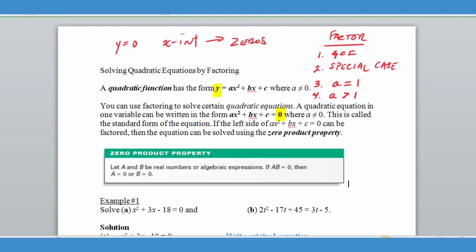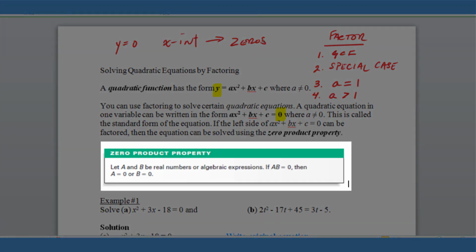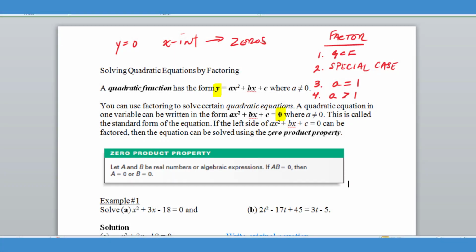That's some terminology you should be familiar with. If we make it equal to 0, we have a property called the zero product property, which tells us that if two factors are multiplied together and equal 0, then we can separate the factors and make them both equal to 0. It's extremely important that they equal 0 and not some other number.